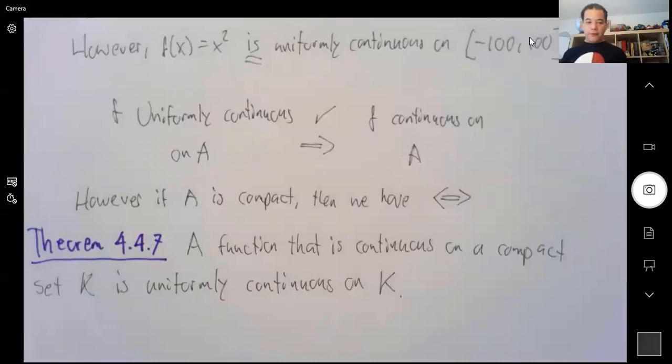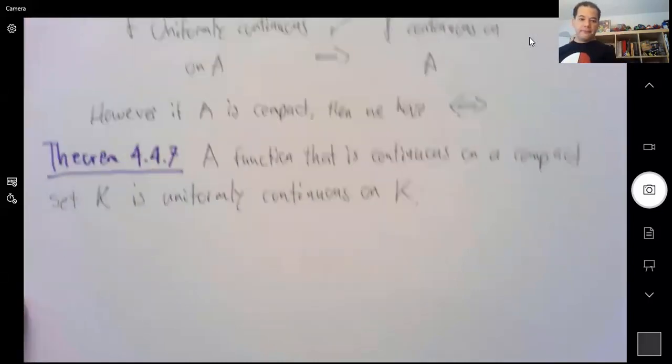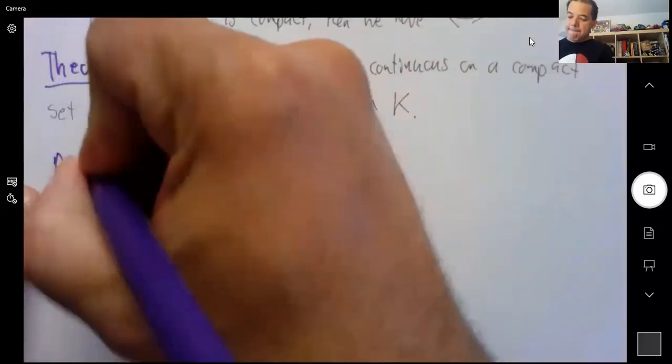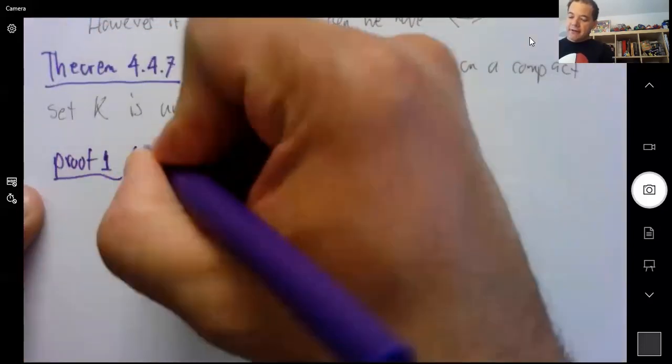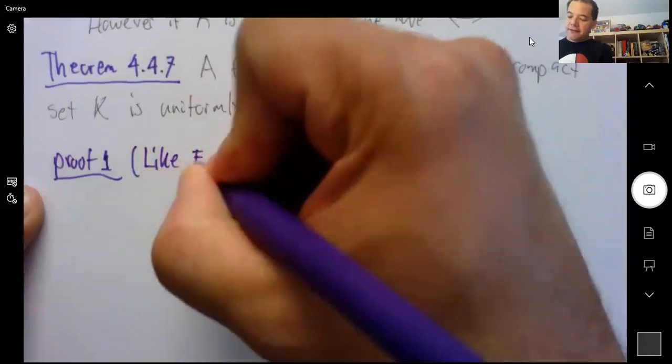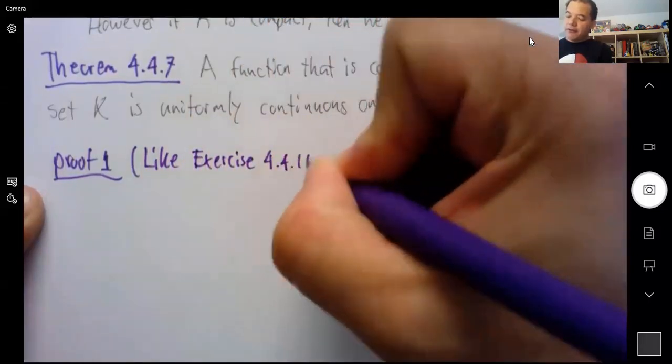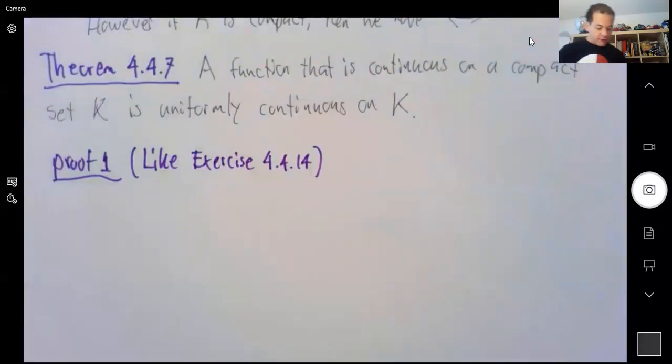Okay, so proof number one, and this will be like exercise 4.4.14. For this proof, we are going to use the equivalence of compact as a set where every open cover has a finite subcover.